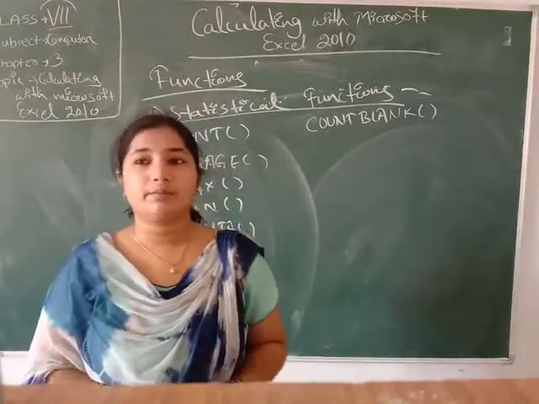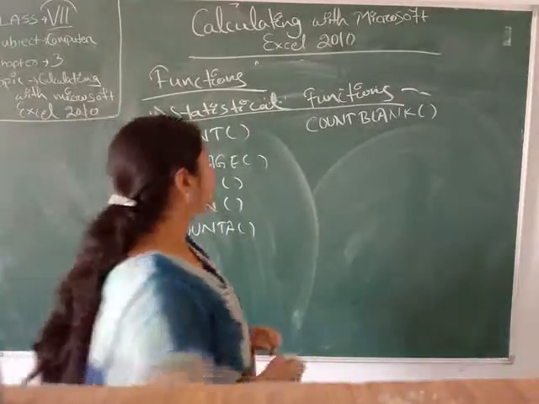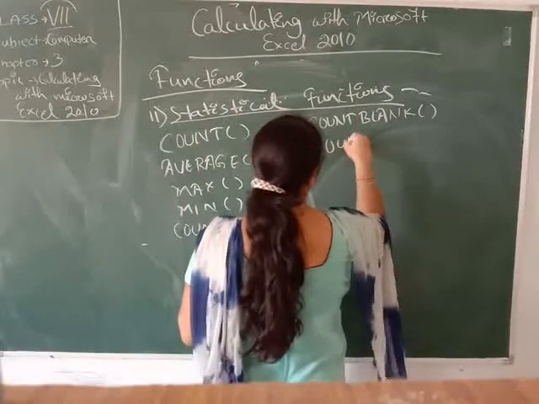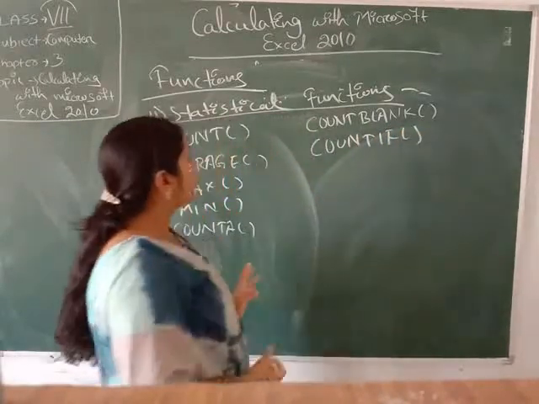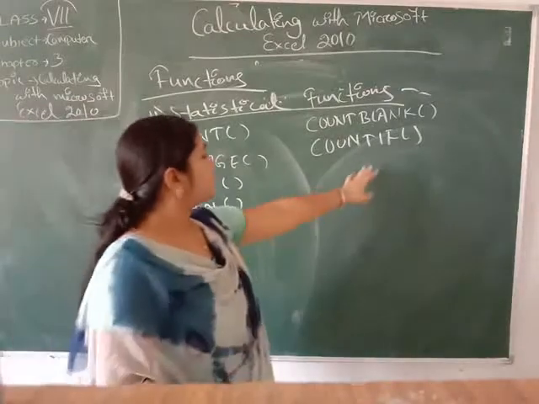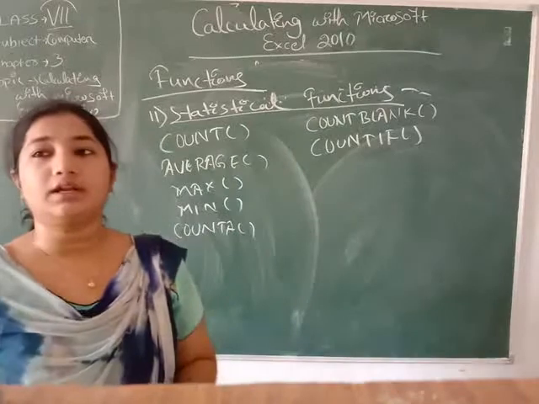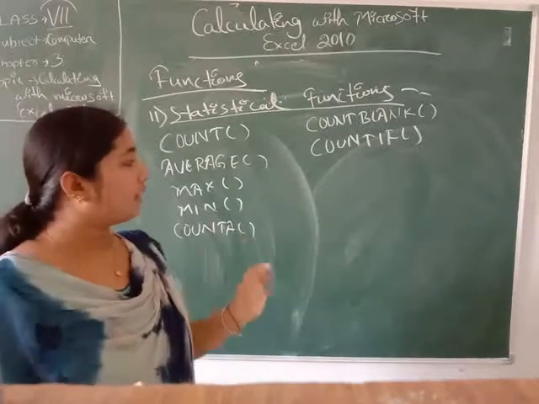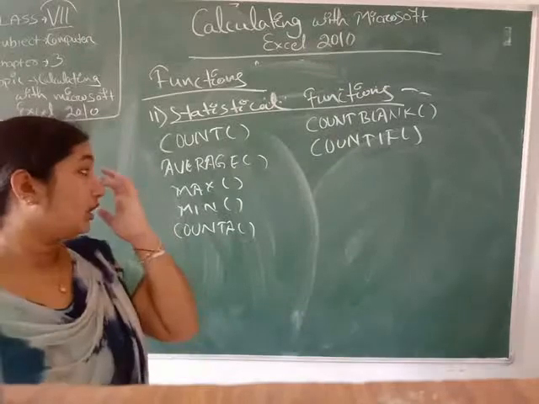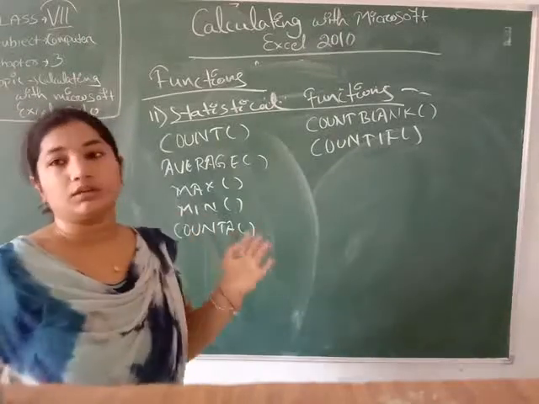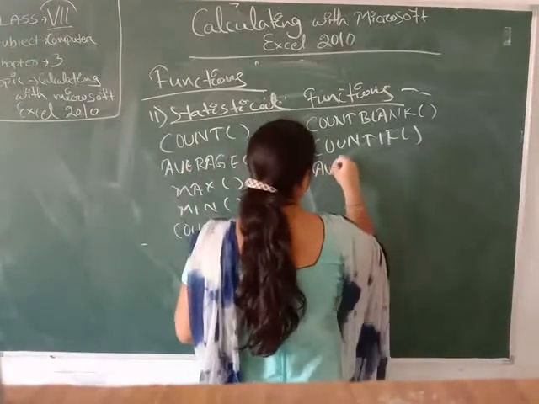It counts all blank cells in a range. Next one is COUNTIF. This is where the "if" comes in: it goes to a statement, and if the range meets the condition, then only it counts the range. After that, AVERAGEIF.